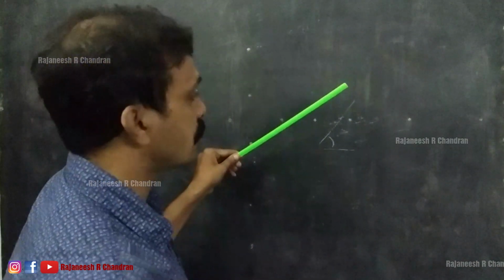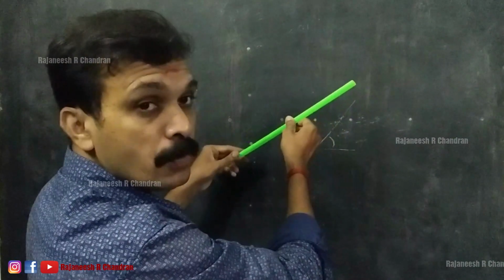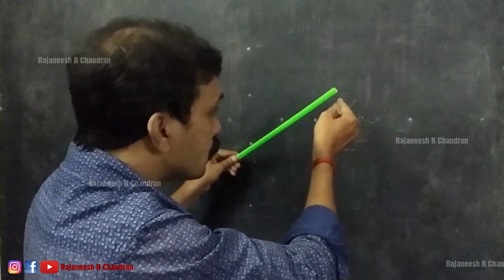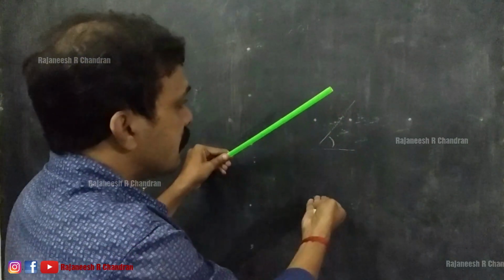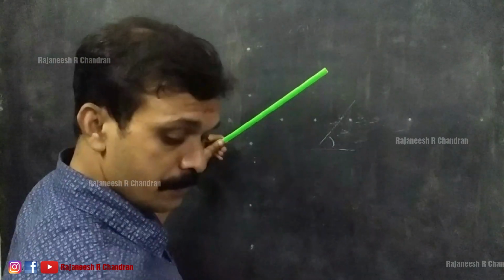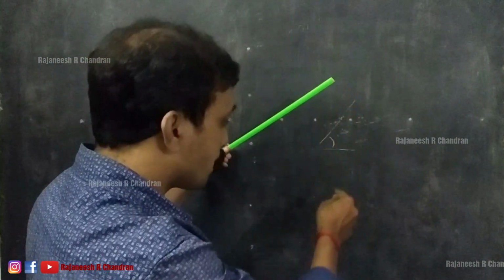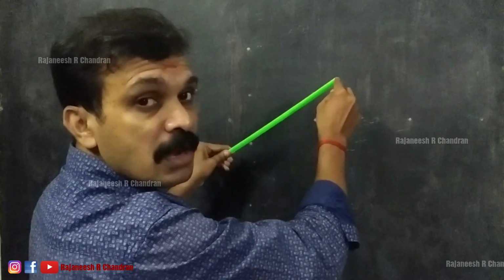And there is a condition for the rotation. We are fixing this point and rotating the other point. So the height of this point, the height of elevation from HP, should be kept the same or constant while rotating.